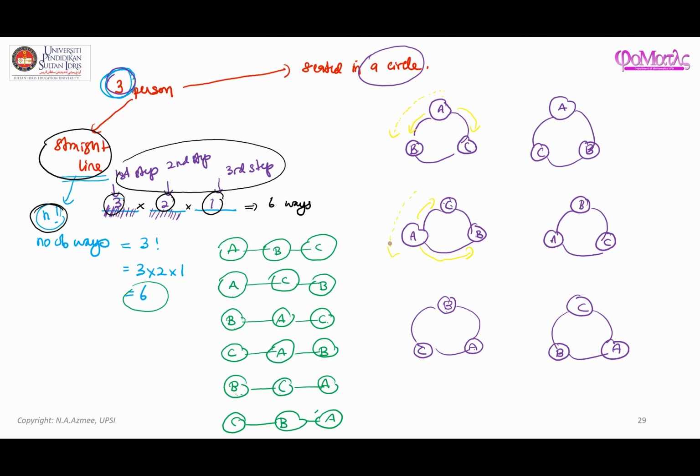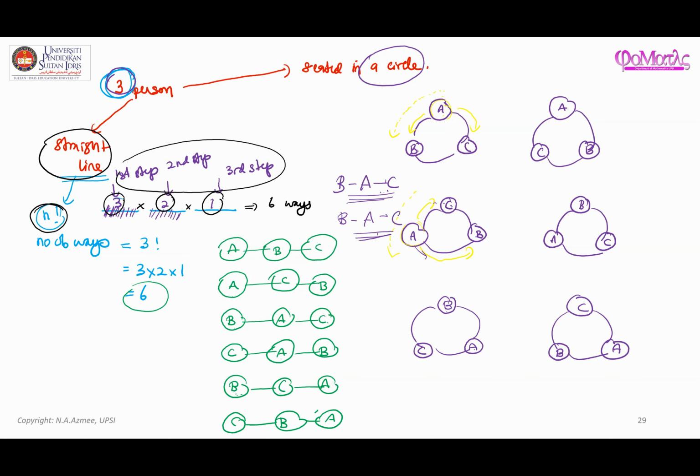So A is now from this position to that position, but actually they are the same combination of people sitting together, because A is in the middle, to this side is B, and to this side is C. The same with this one: A is in the middle, to this side of A is B, and to this side is C. So the arrangement here is similar.